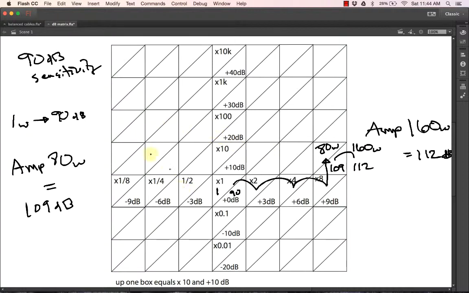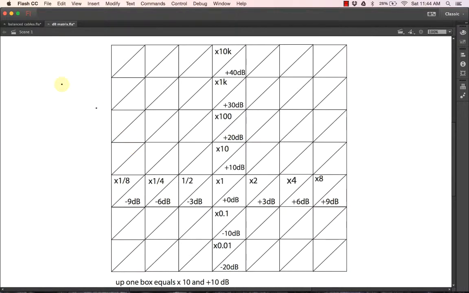Let's try it with some smaller fractions. One last thing. Okay. What if my signal is 250 milliwatts?